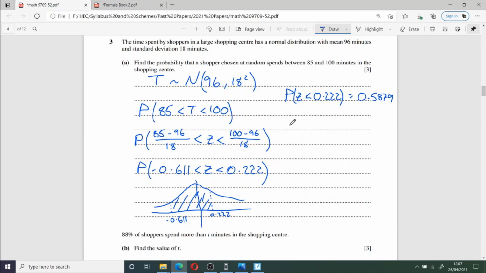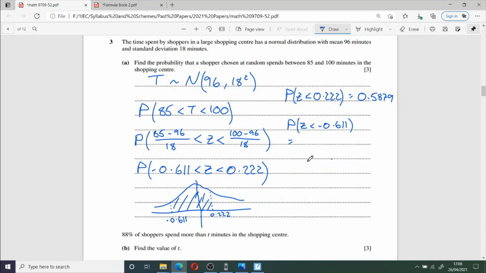A little bit trickier for this one, to find the probability that z is less than negative 0.611, because then what I want to do is, so this 0.5879 is everything from 0.222 backwards, so then I want to subtract this bit on the left hand side of minus 0.611.